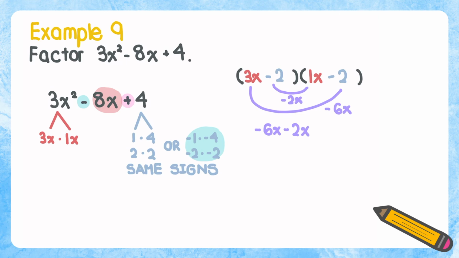Negative 6x minus 2x equals negative 8x. Go ahead and pause if you need extra time to process the information. I see that the negative 8x is a match, so our answer is 3x minus 2 times x minus 2. So this is the combination that works.